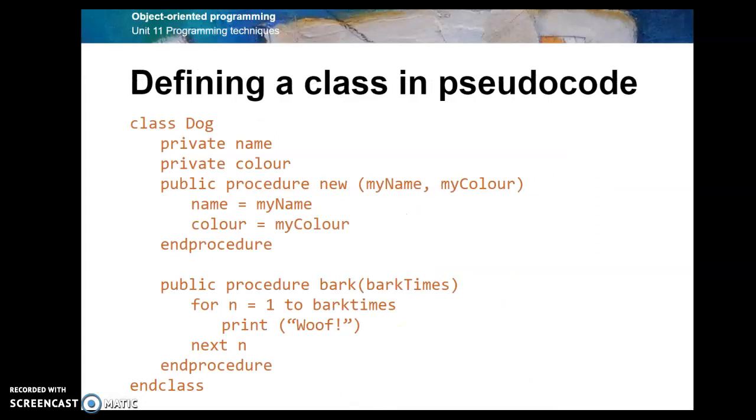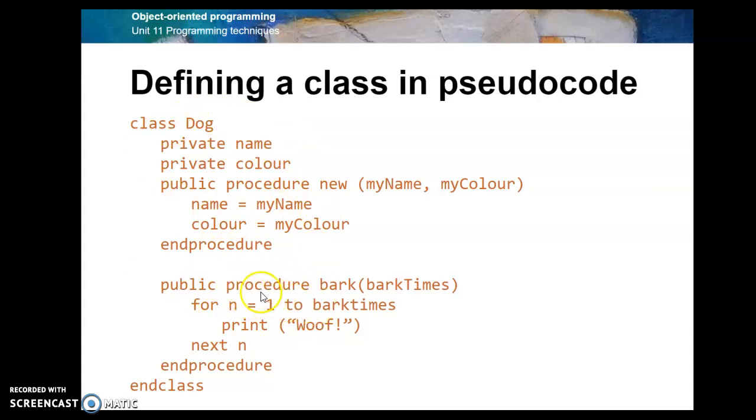So this is how a pseudocode in Python sort of way looks like for the class dog. So private name, private color means the term private means that it cannot be looked at or accessed outside the class.